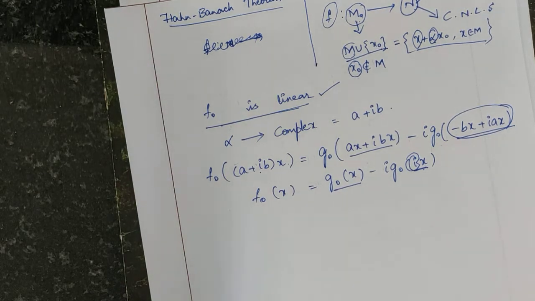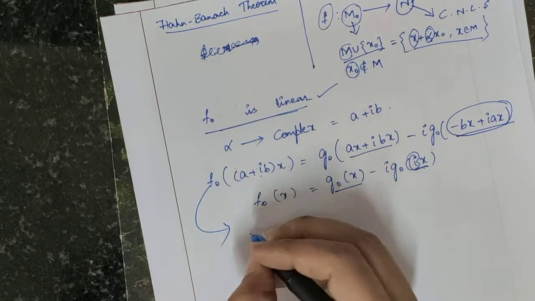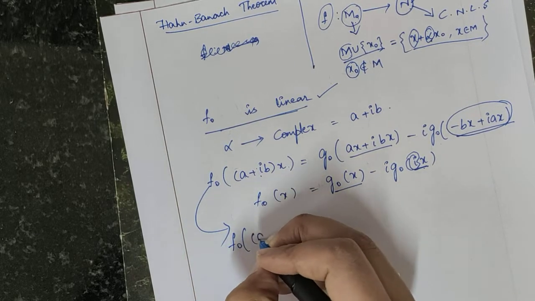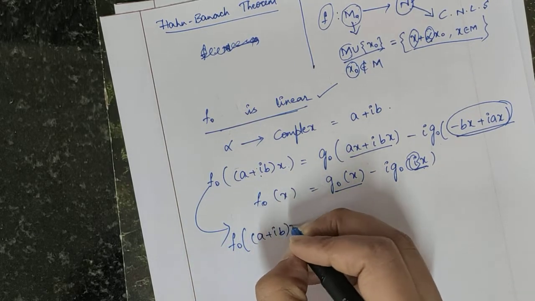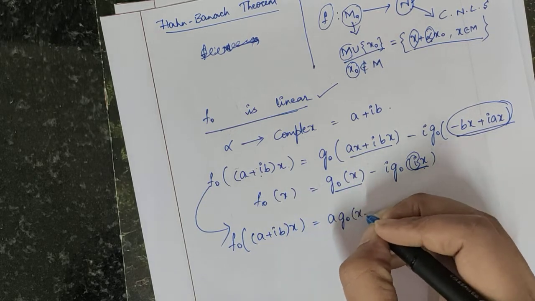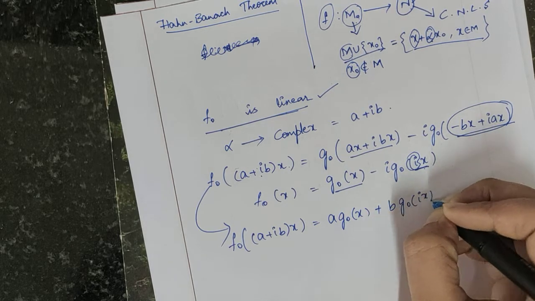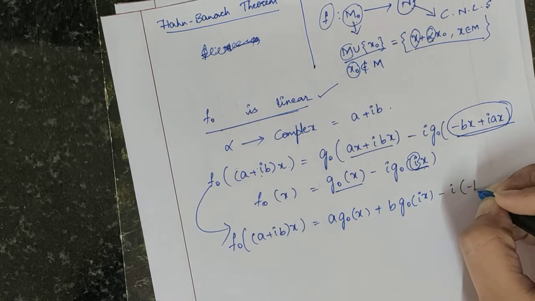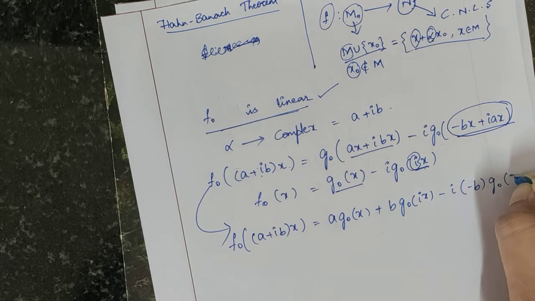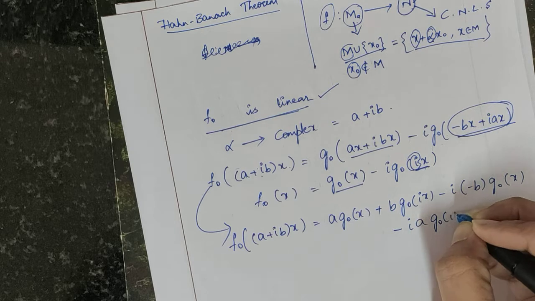So now we can write this as f0 of (a plus ib) x is equal to a g0 of x plus b g0 of ix minus i into minus b g0 of x minus i into a into g0 of ix.